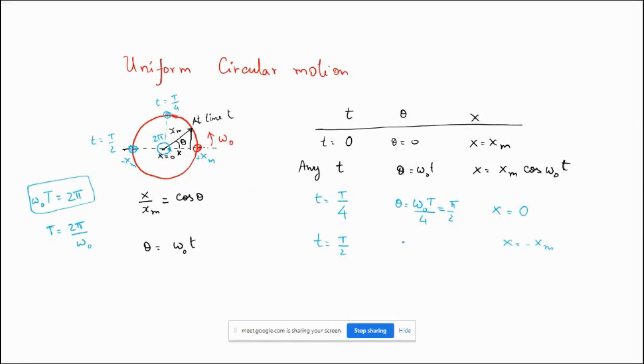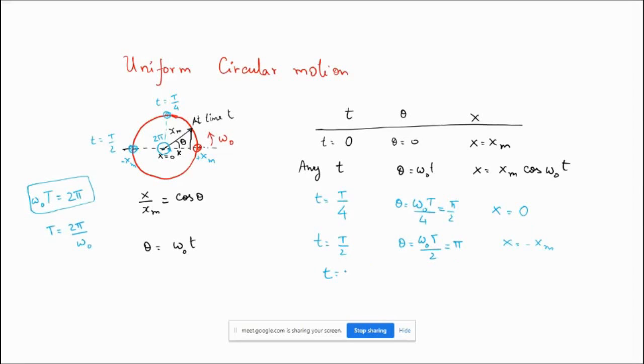Mathematically also we have the proof: theta would be omega naught T by 2, but omega naught T is 2 pi, so theta would be pi. Cos pi is minus 1, so you have x equal to minus xm.